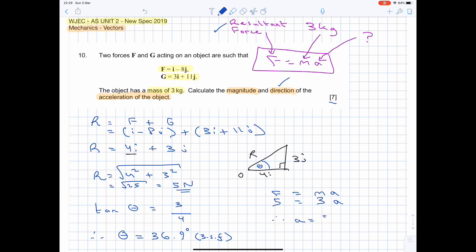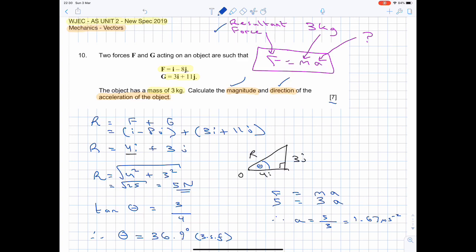You can leave it as a fraction or convert into decimal form, which is what I'm going to do now. That gives us an answer of 1.67 meters per second squared. So we have now found the magnitude of the acceleration of the object.